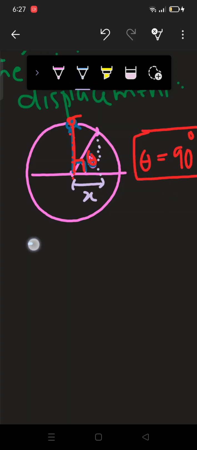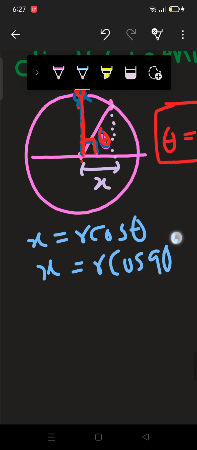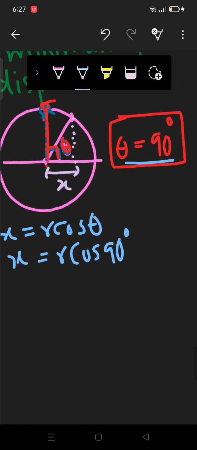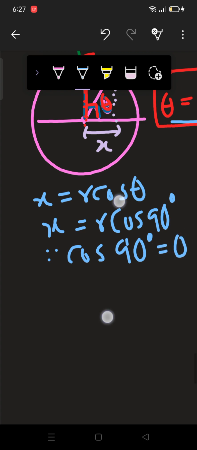Now again the same formula, x = r cos theta. Theta is given as 90 degrees, so x = r cos 90 degrees, and we know that cos 90 degrees is equal to 0.